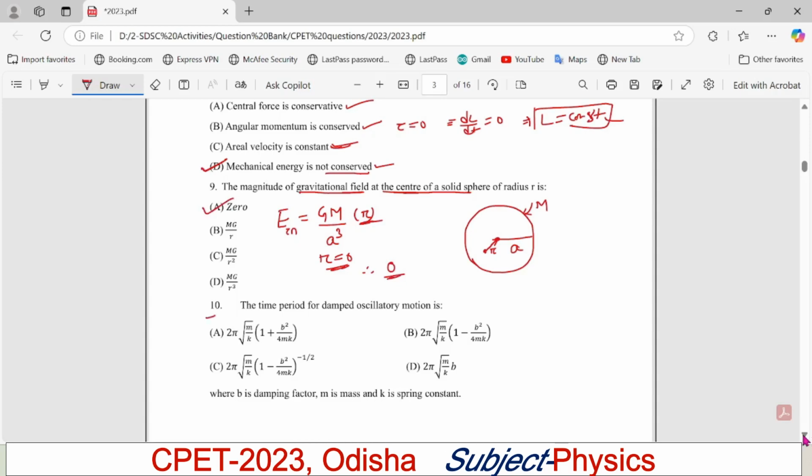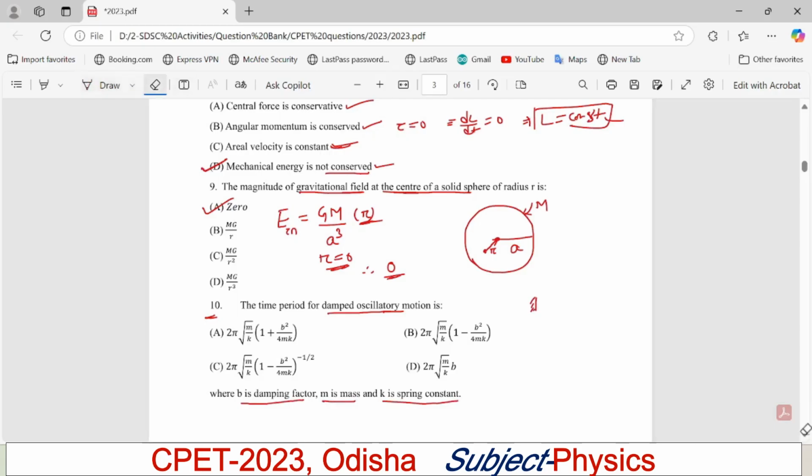Question number 10. The time period for damped oscillatory motion is what? Here b is the damping factor, m is the mass, k is the spring constant. The situation is like this: you can consider a spring with a mass attached.